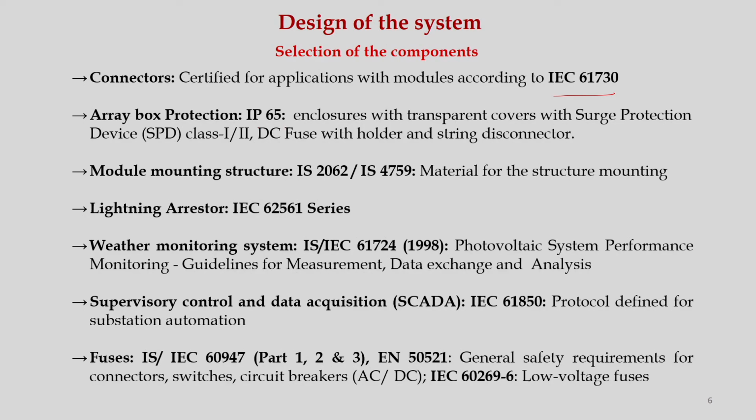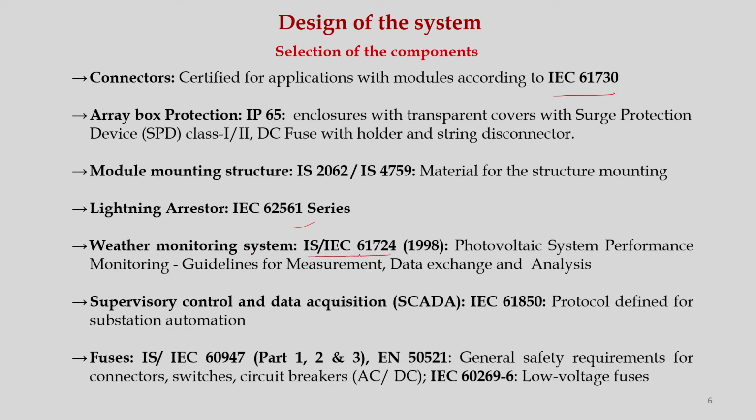Then module mounting structure is Indian Standard 2062 or maybe 4759, or lightning arrestor, which is a very important component of a grid connected PV system. Its standard is IEC 62561 series, and weather monitoring stations are also attached in a grid connected system.